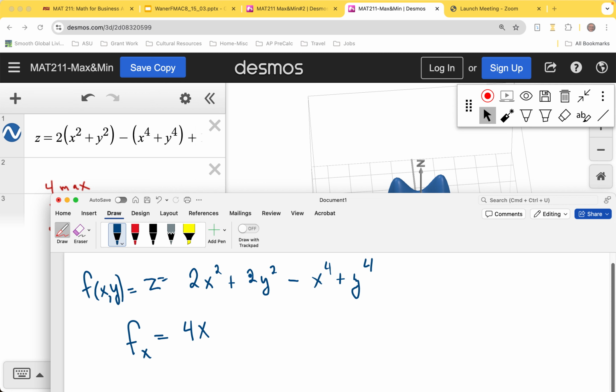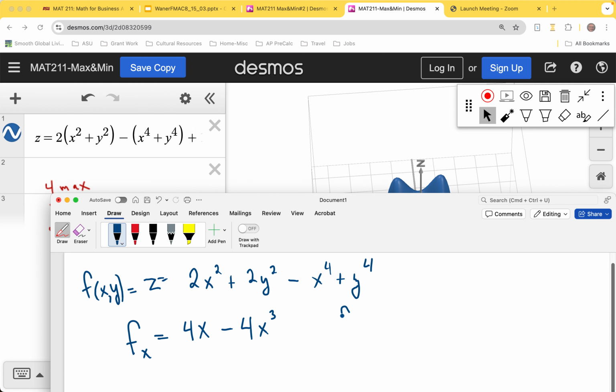The derivative of y squared is 0 because it is a constant, so this term is gone. Minus x to the 4th, the 4 comes down, and I now have x to the 3rd. So that is my first derivative with respect to x.